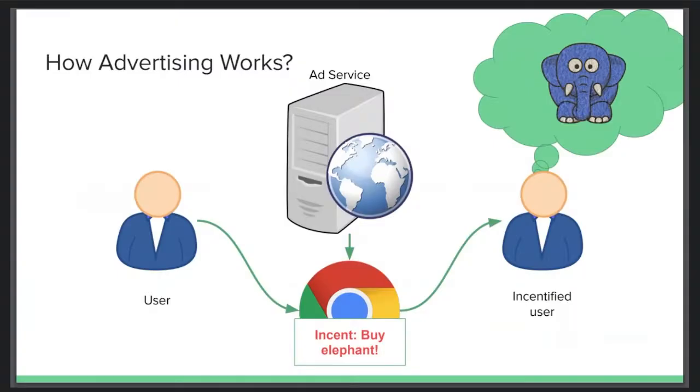So how does advertisement work, a explanation on the fingers. There is an advertisement service which is paid by someone who wants to incentivize you to buy some service or goods. For example, they're asking you to buy an elephant, you become incentivized, so you go and buy an elephant, and the company who bought advertisement is happy because they sold a product, and Google is happy because someone bought ads from Google.